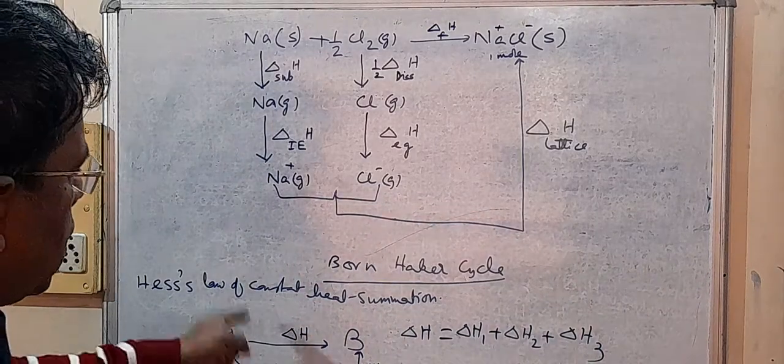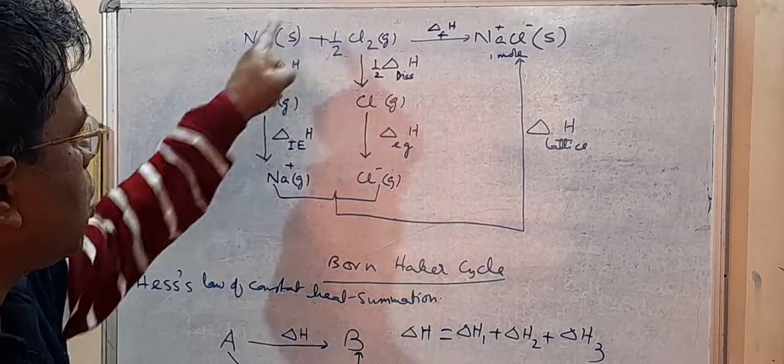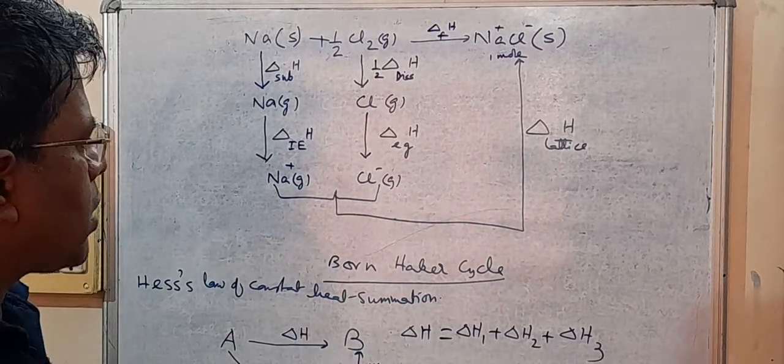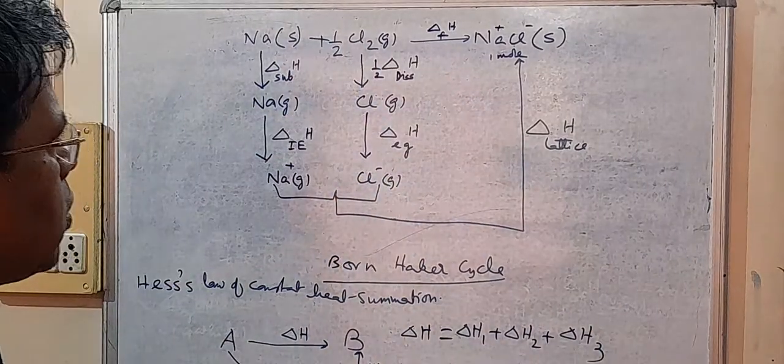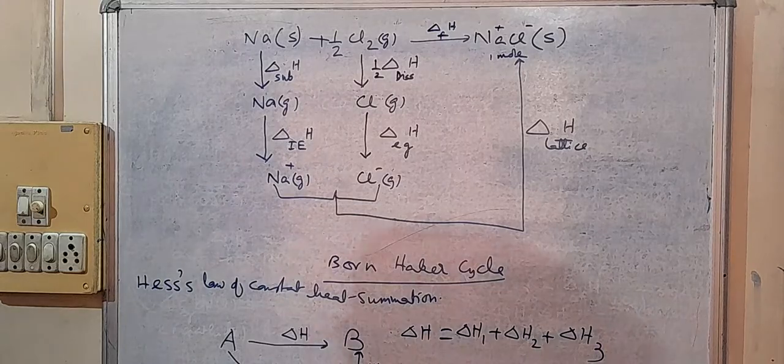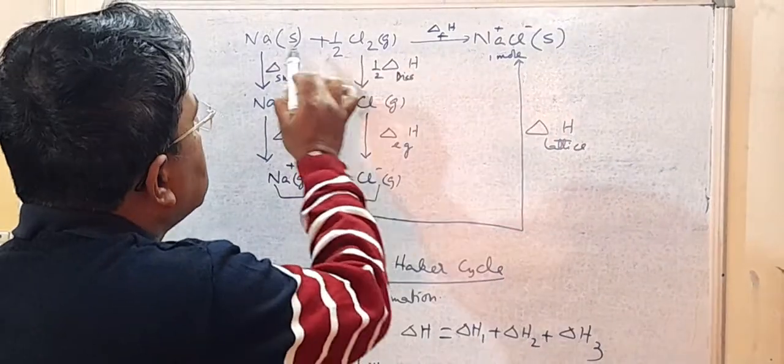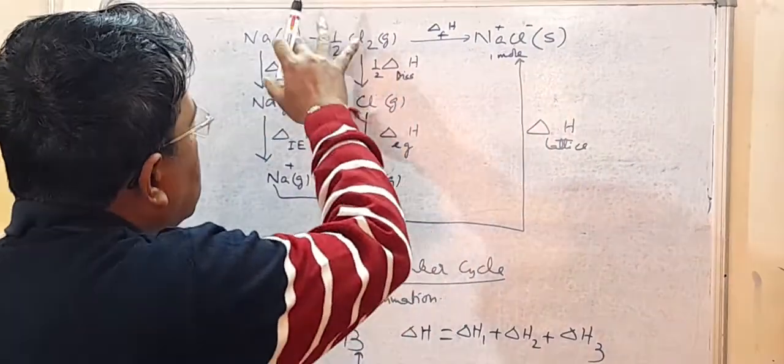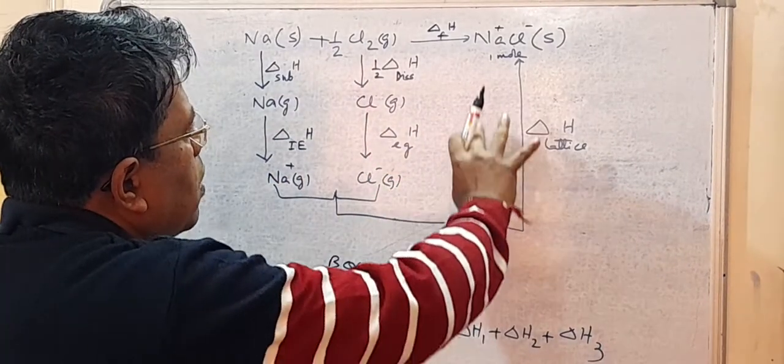Now, if we apply this Hess's law of constant heat summation in this Born-Haber cycle for sodium chloride, certainly we can write this. You see, this is carried out in one step, and these are in multiple steps.